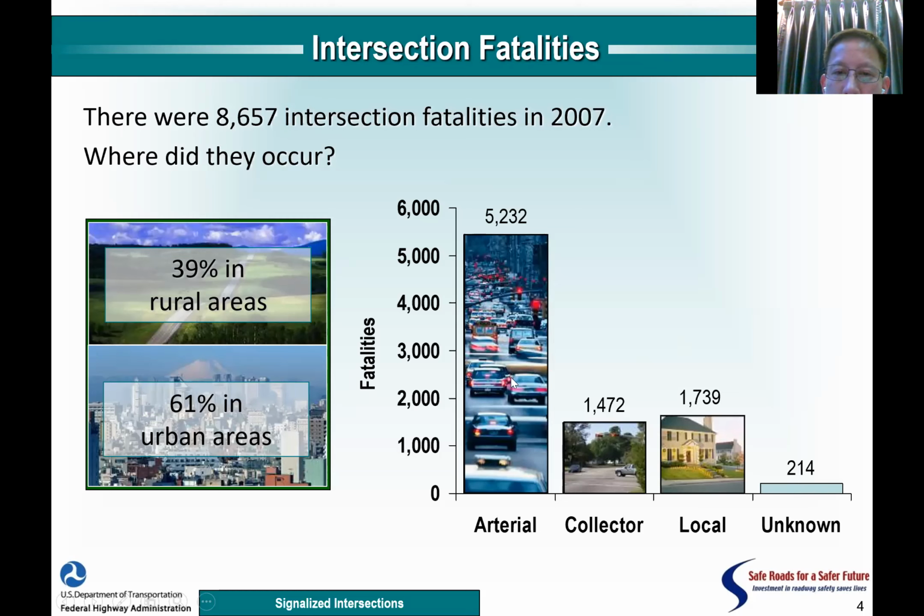This graphic shows not on freeway. It's showing from arterial, collector, and local, and the unknown is unspecific. Okay, three classifications. Mostly happen on the arterials.